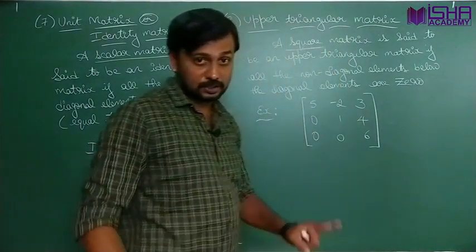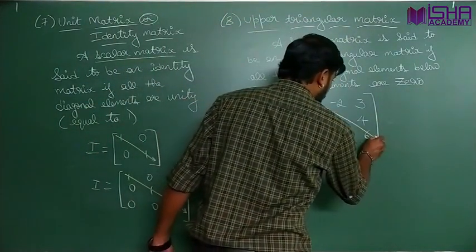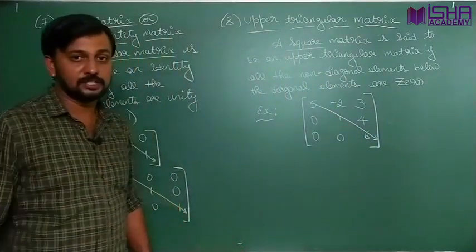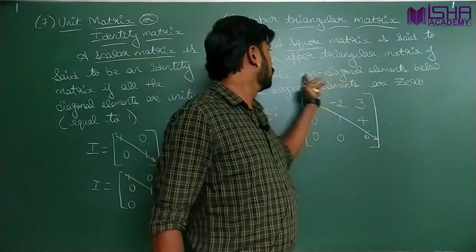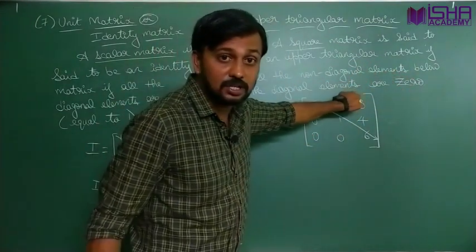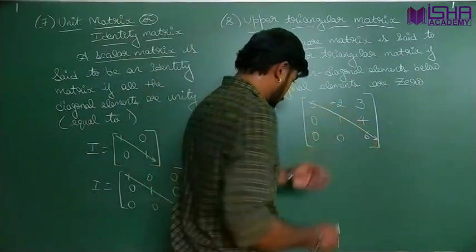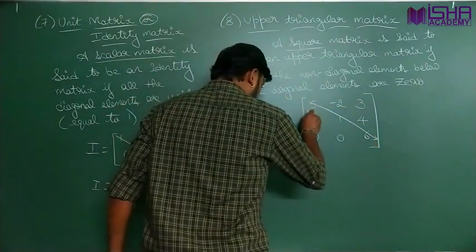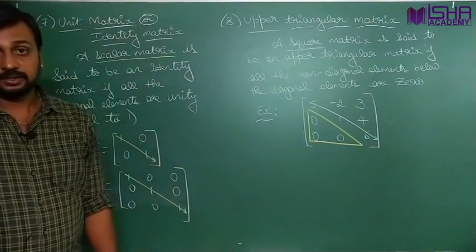Why? First of all, which are the principal diagonal elements? These are your principal diagonal elements. What are we saying now? All the non-diagonal elements below the diagonal elements are 0. Look here, below the diagonal elements, is this the diagonal? So below this, all the elements are equal to 0. Is it clear?